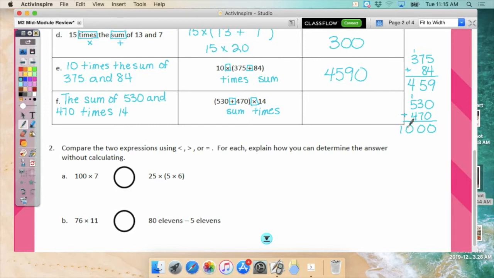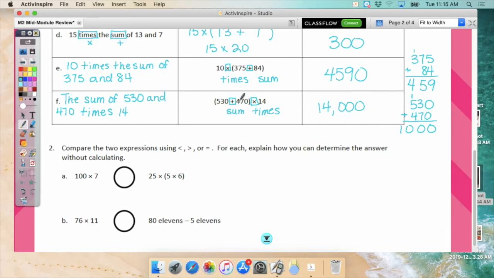What's 1,000 times 14? 14,000. Voila. That wasn't as hard as it looked, was it? Okay. Now, you are going to come up with similar answers when you add on that one, okay? But your 14 might not be the same, and these two might not be the same, okay?